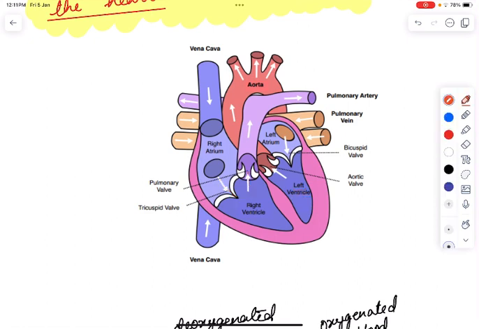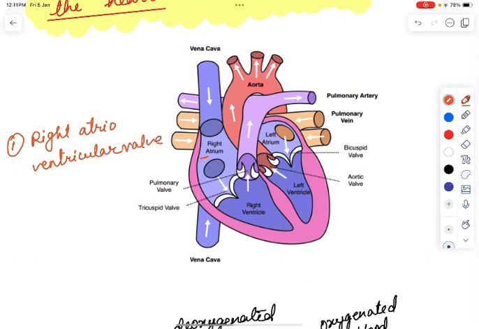First, right atrioventricular valve. This is the right side. Where will it be present? Between the right atrium and right ventricle.